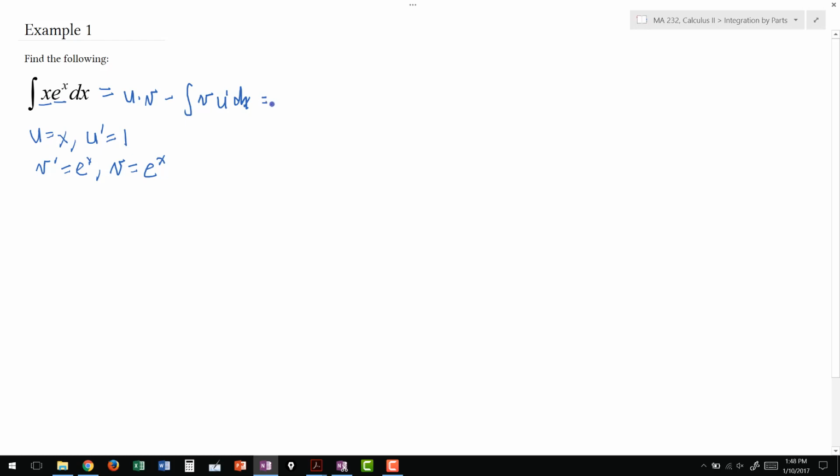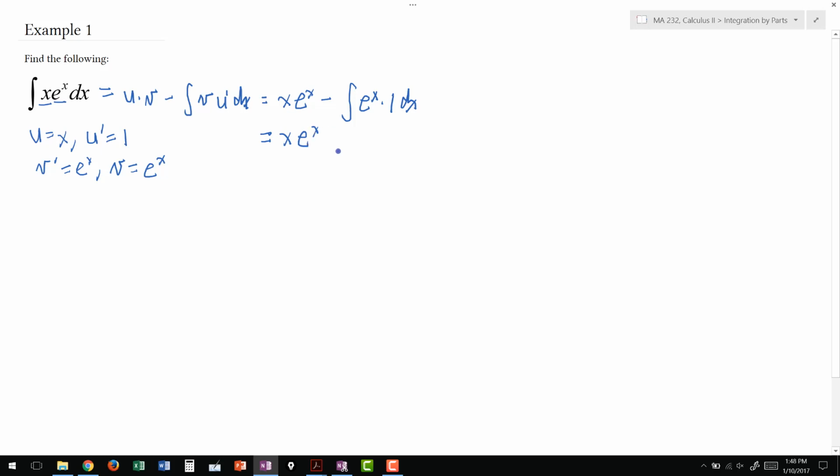With our selections u equal to x and v prime equal to e to the x, my u times v becomes x e to the x, and my v u prime is just e to the x times 1 dx. Now what we've done is transform what was a difficult integral into one that we can do.